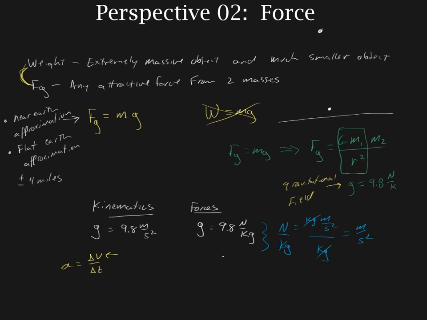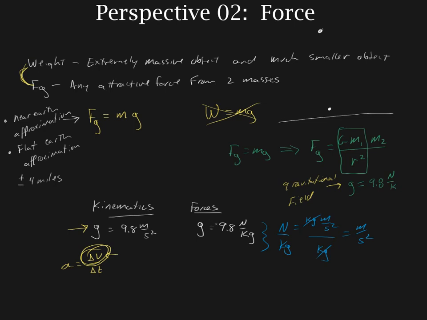So the big idea conceptually is that the acceleration due to gravity, as given in kinematics, requires that you have that change in velocity. When it comes to forces, you're not required to have a change in velocity.